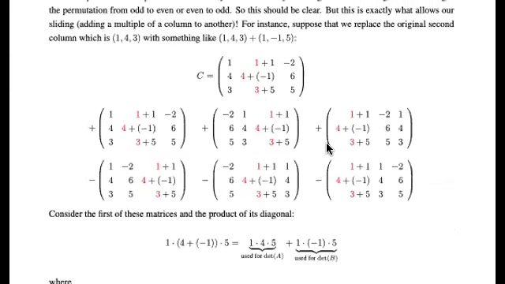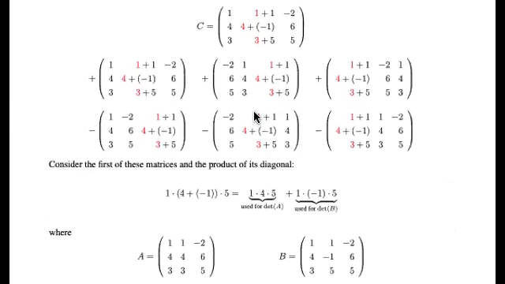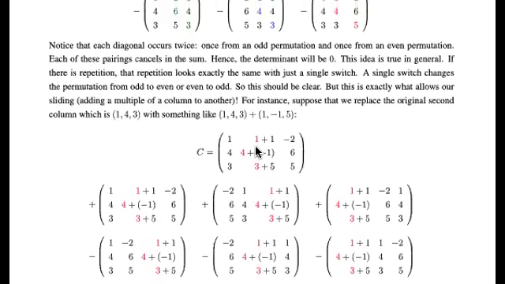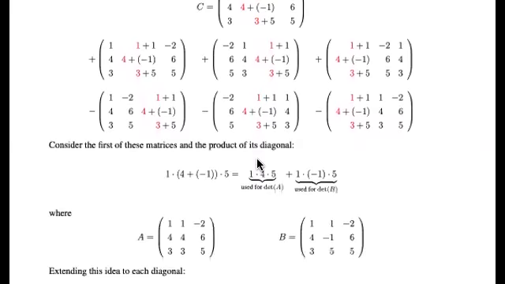So we may as well just ignore the reds and just have the blacks, which means it doesn't change the determinant when we slide, when we add a multiple of another column. It does not change the determinant at all.